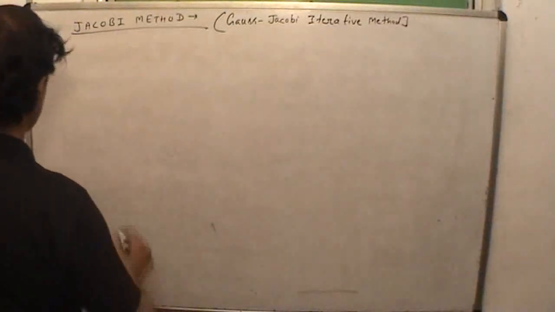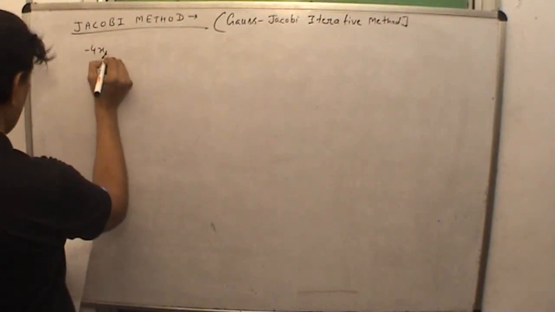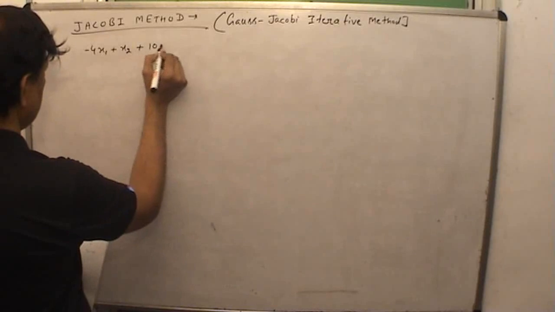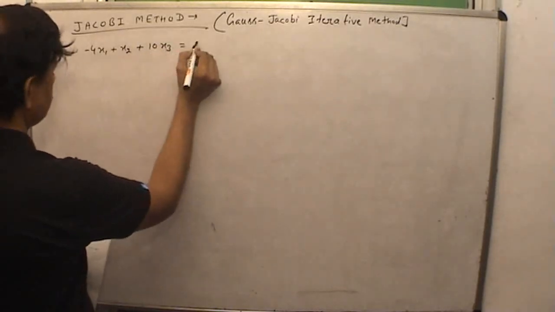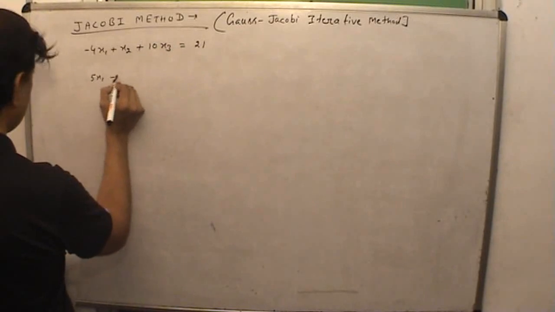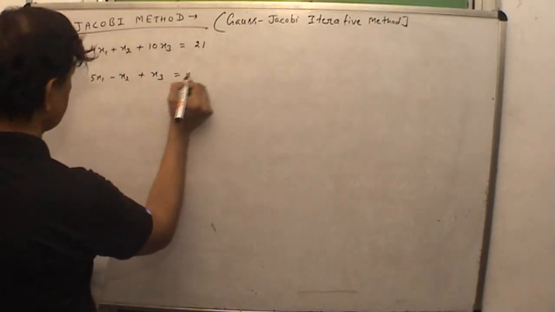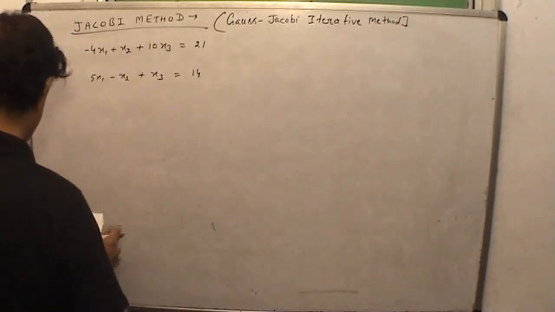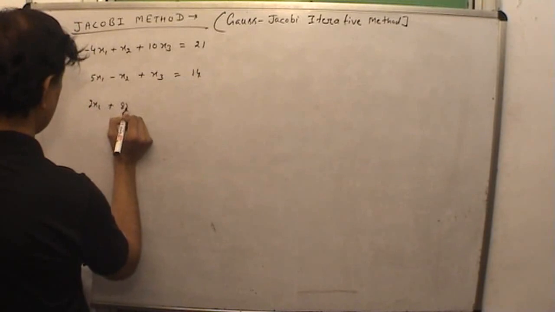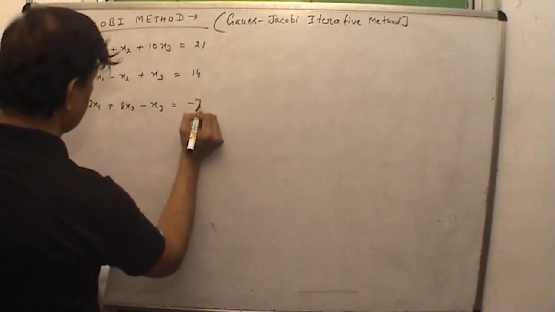Let us see, solve the system of equations: minus 4x1 plus x2 plus 10x3 is equal to 21, 5x1 minus x2 plus x3 is equal to 14, 2x1 plus 8x2 minus x3 is equal to minus 7.